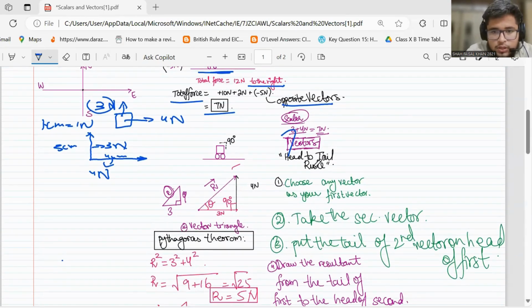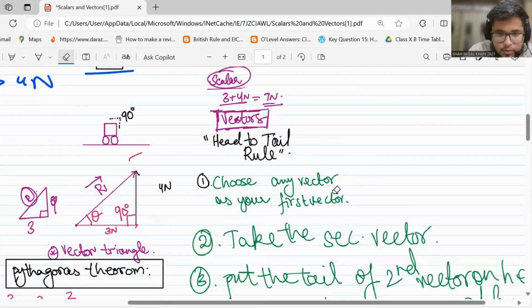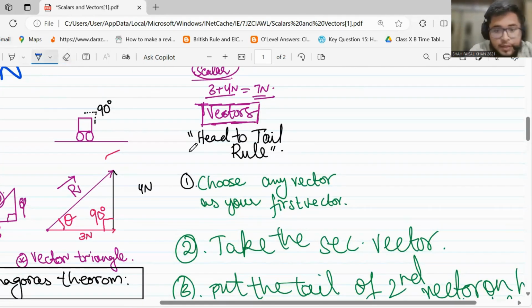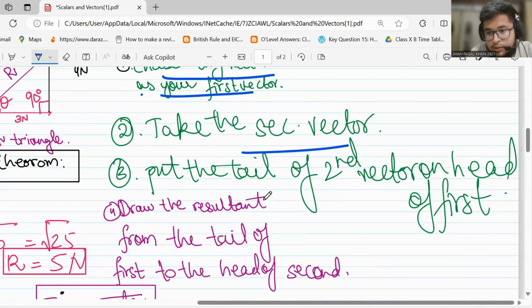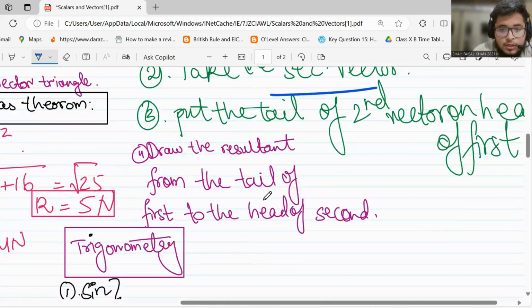In this head to tail rule, first we choose any vector as the first vector. Take the second vector, and put the tail of the second vector at the head of the first. The resultant is from the tail of the first to the head of the second.